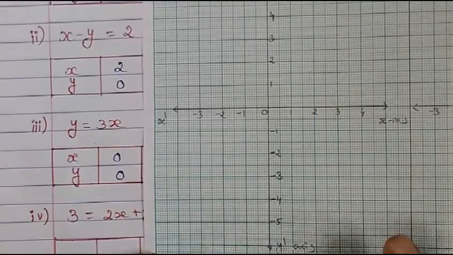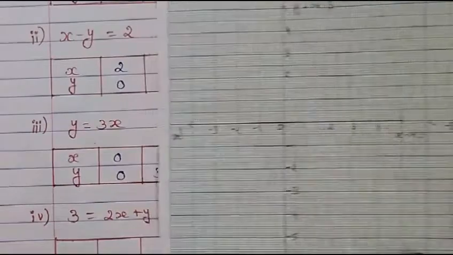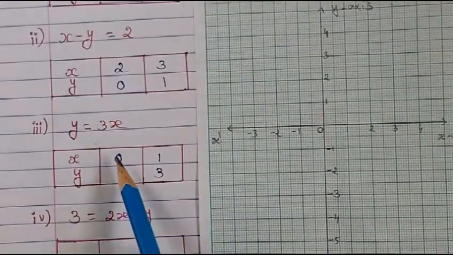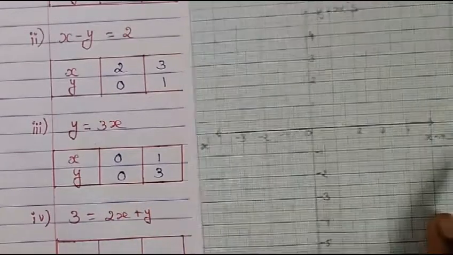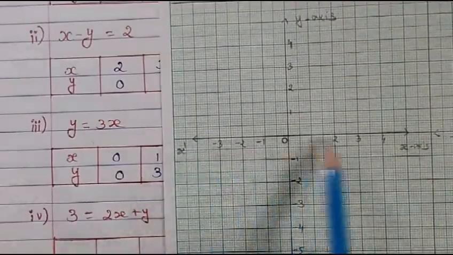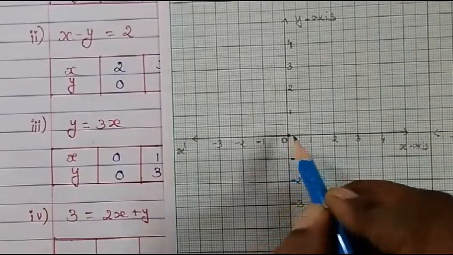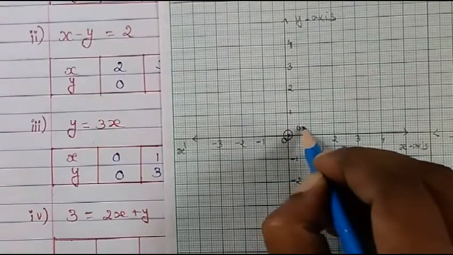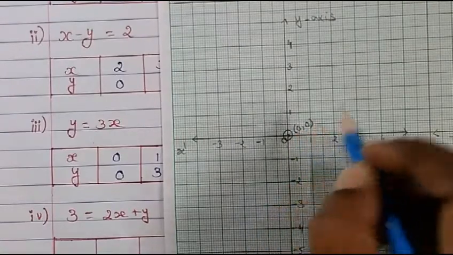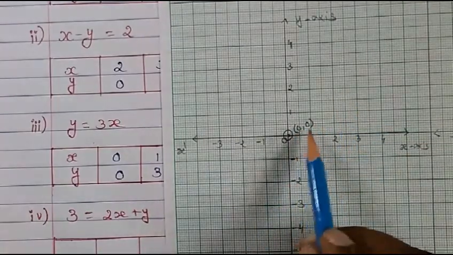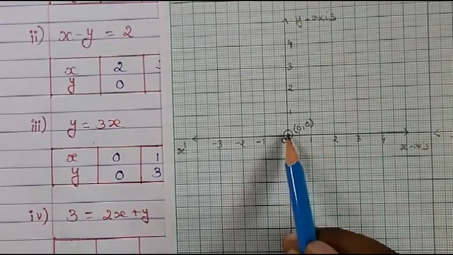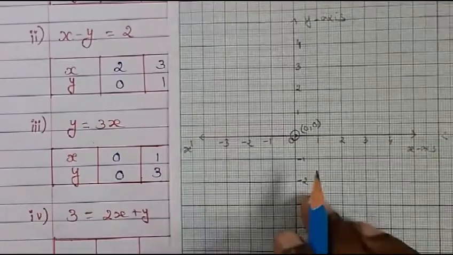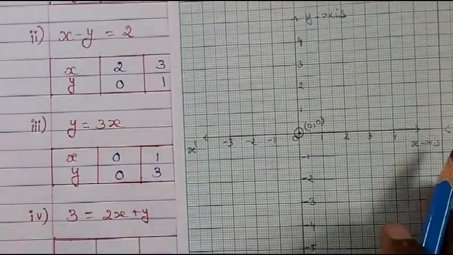So now what is the value we have here? x is 0, y also 0. For x, 0 is here, and for y, 0 is here only. So the point comes here: 0, 0. These are the coordinates of the origin, because this is origin for x and for y also.